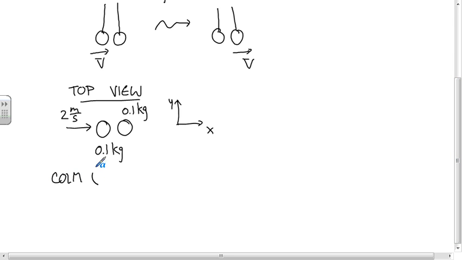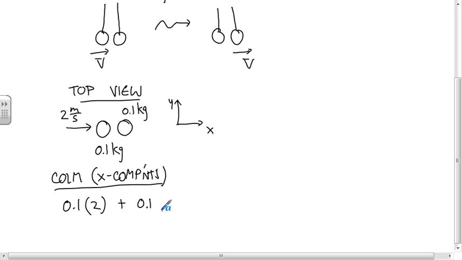Conservation of linear momentum, X components says 0.1 times 2 plus 0.1 times 0 is equal to 0.1 V1 plus 0.2 V2. Rearrange that and you get 0.2 is equal to 0.1 V1.